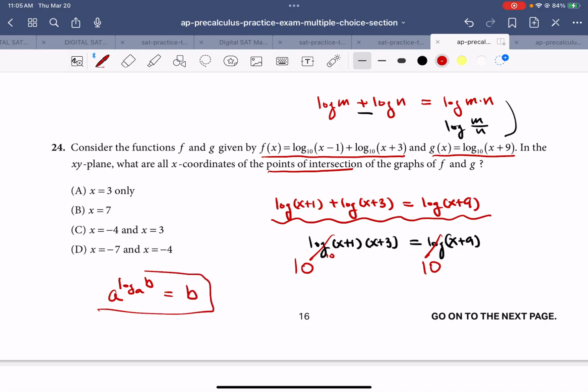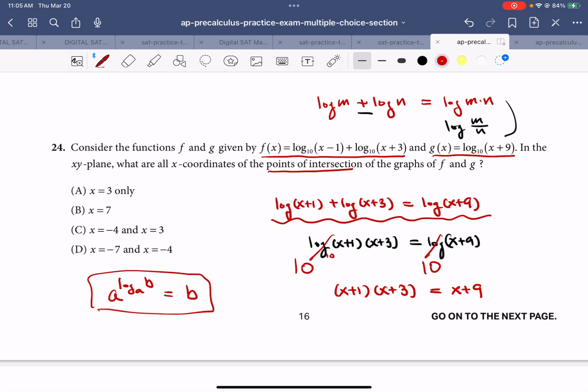That's one of the properties of logs, so you can cancel that. So you have x plus 1, x plus 3 equals x plus 9, after you remove that log.